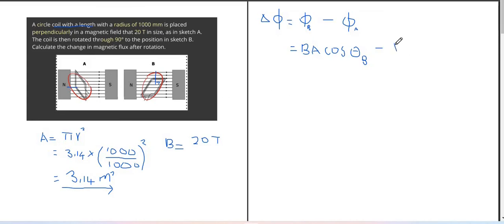So the angle between the magnetic field lines at A and the normal to the wire loop is 0 degrees, because they are parallel. This is going to be cos theta A.